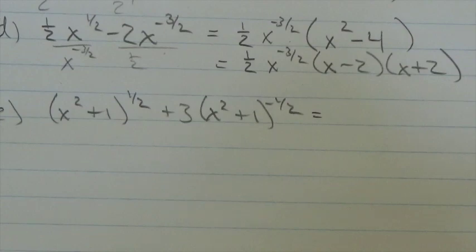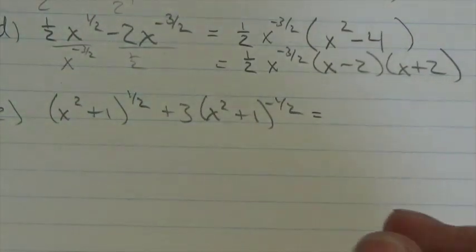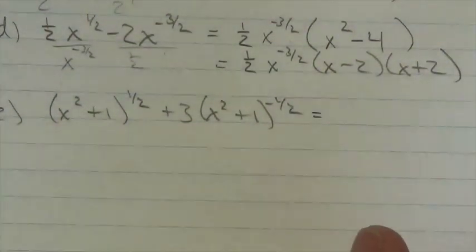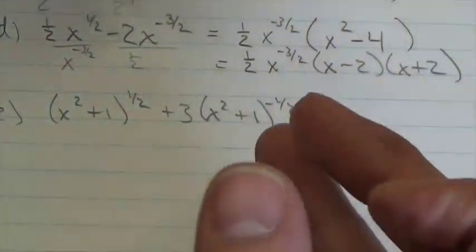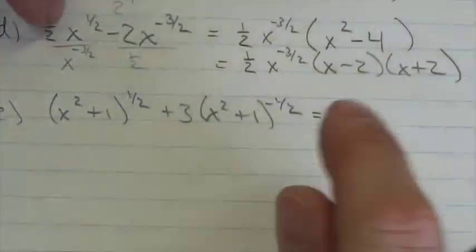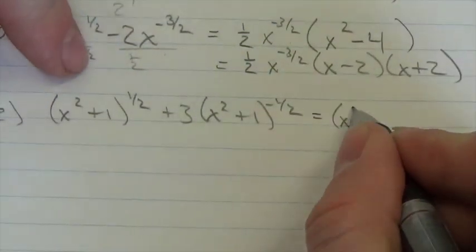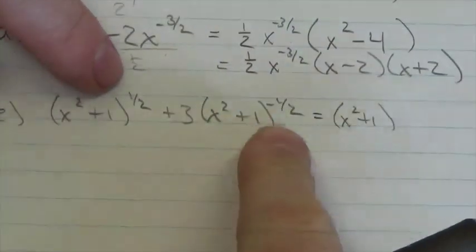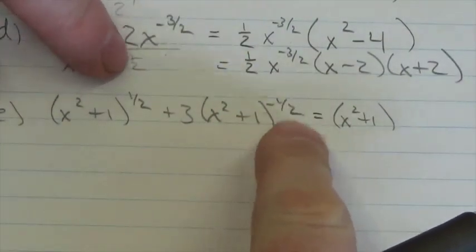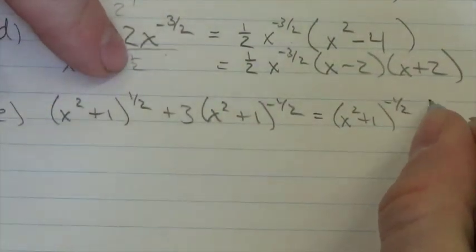And actually for the rest of the questions that we look at, you're going to see these binomials in there, whether they're part of the common factors or not. So just watch, between these two terms there is a common factor of x squared plus 1. But I have to grab the smallest exponent. In that case, it's going to be the negative 1/2.